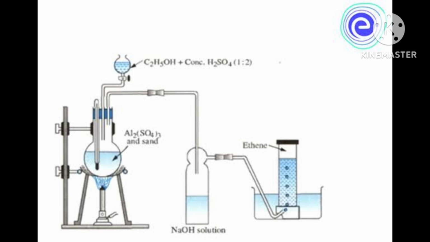Only the triple bond will break and convert to a double bond, and H and H will add to both carbons. One bond is broken, each carbon takes one electron, and hydrogen has one electron, hence they join.